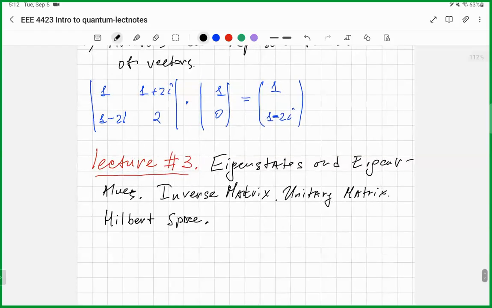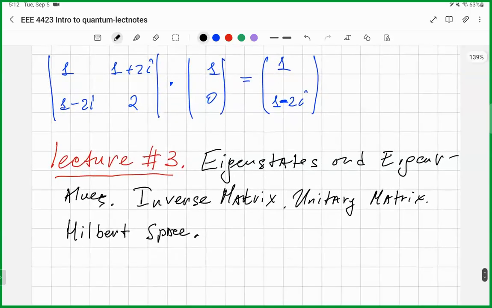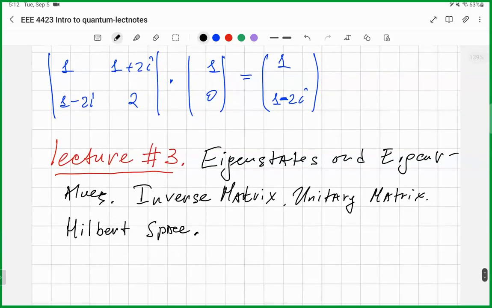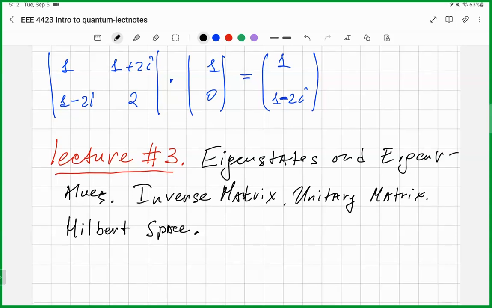All right, it's on. Okay, so today is lecture number 3 of our course, and today we're gonna discuss the eigenstates and eigenvalues of a matrix, inverse matrices, unitary matrices, and the Hilbert space.